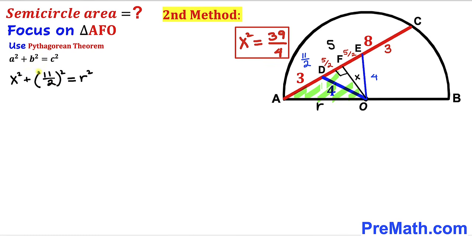And now we know that our x square value we already figured out is 39 divided by 4. So I'm going to replace that 39 divided by 4 over here.